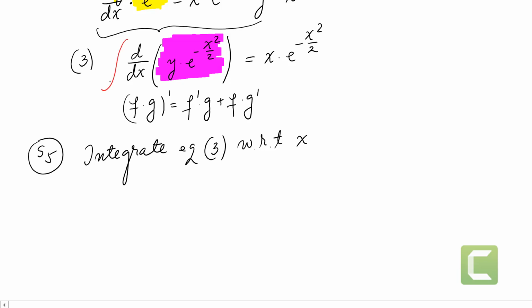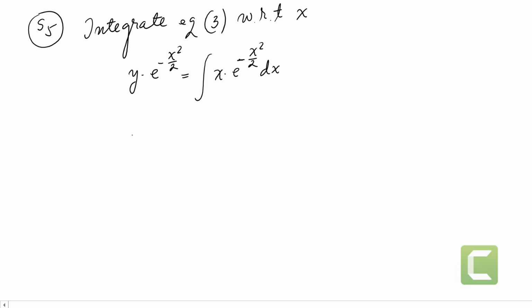So we integrate, we put the differential. The integral with the derivative is going to give me just the function. So y times e to the negative x squared over 2 equals the integral of x times e to the negative x squared over 2 dx.